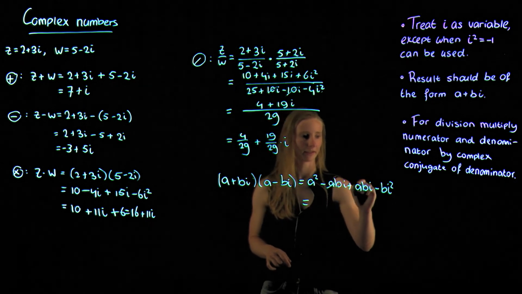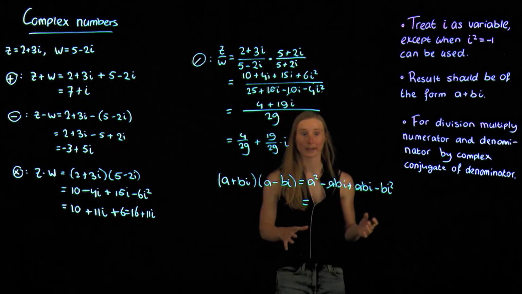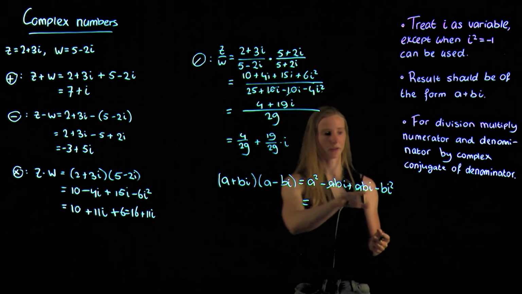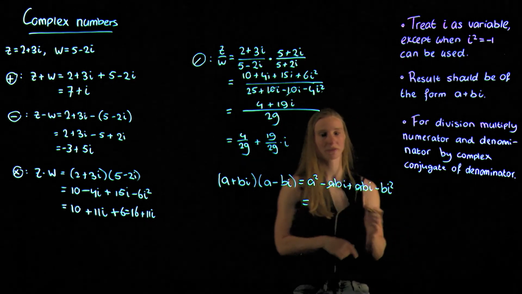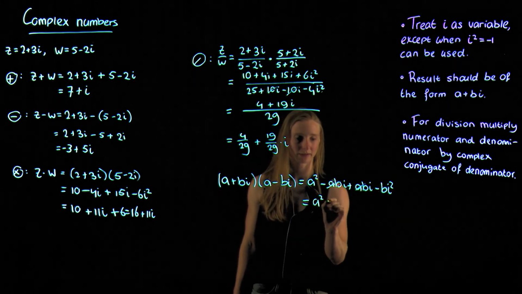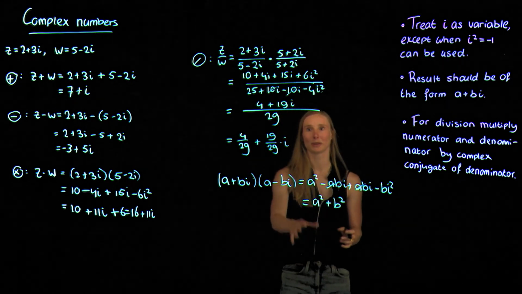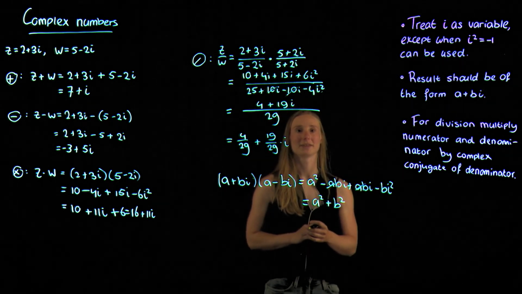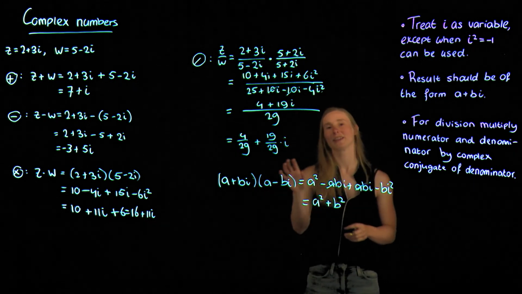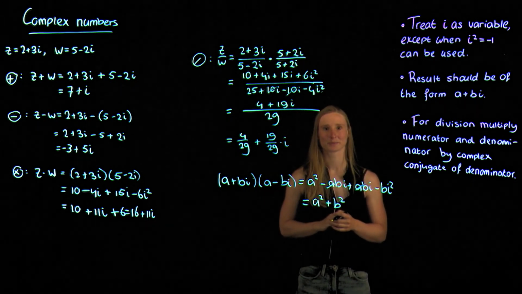So these again go away, and then we are left with a squared minus b squared i squared, so simply a squared plus b squared, which is always simply a real number. So then we always get some nice number in the denominator, and we can just divide both parts.